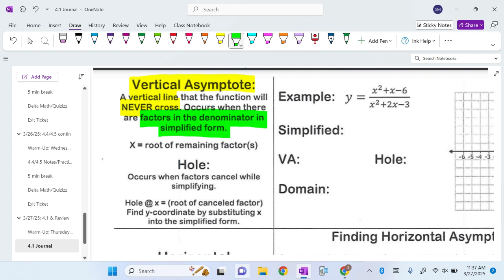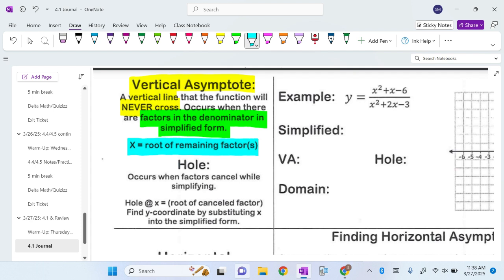The vertical asymptote is whatever that last factor is in the denominator, or factors. It's written as x is equal to the root of the remaining factors. In other words, whatever factor you would have left over, you would set equal to 0 and solve for x.